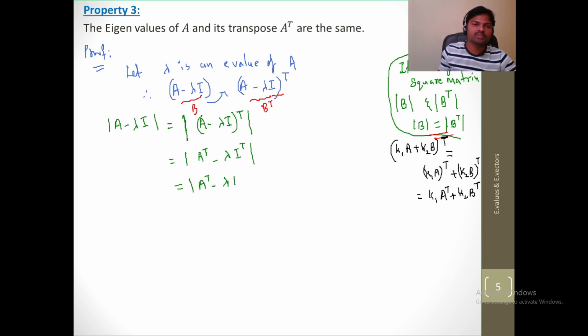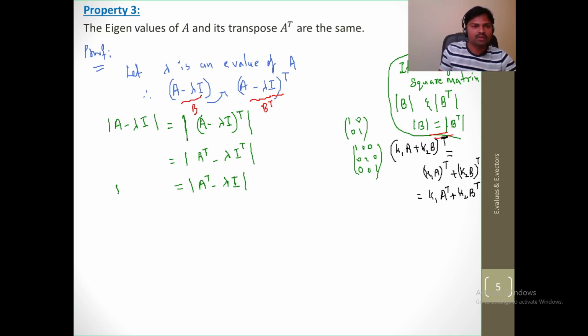Take a 2 by 2 identity matrix, 1 0 0 1; its transpose is again the same. Or take a 3 by 3 identity matrix; its transpose is again the same. That is, I transpose is equal to I only.